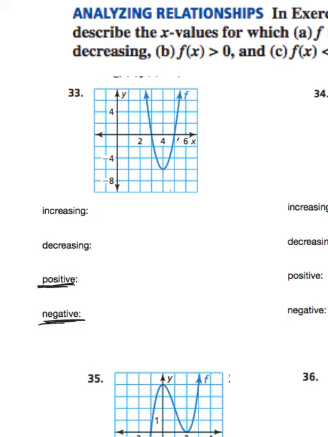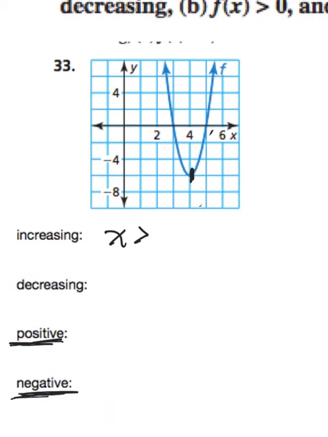Increasing. Where is it increasing? Probably the easiest way to say that is looking at this dot here. It increases for any numbers bigger than 4. So it's increasing for x greater than 4, and when x is less than 4, it's decreasing.